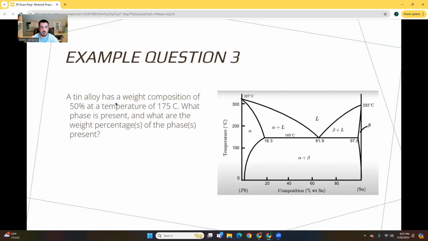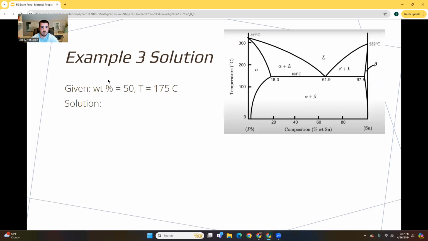3, which involves a phase diagram of tin and lead, where the composition of tin is what we are trying to solve. So a tin-lead alloy has a weight composition of 50% tin at a temperature of 175 degrees Celsius. What phase is present? And the second question: what are the weight percentages of the phases present? So what are our givens?